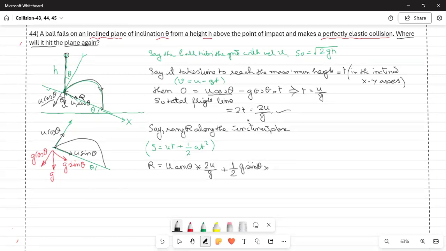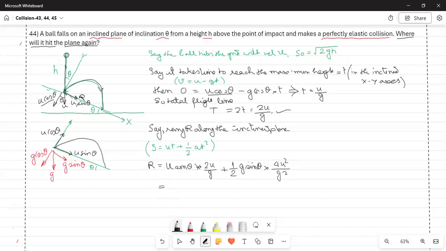The total flight time is 2u by g. So it is 4u square by g square.